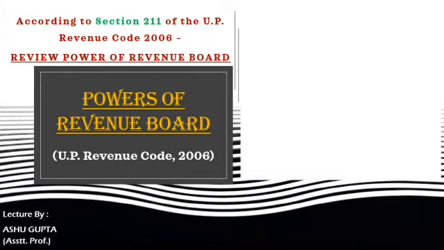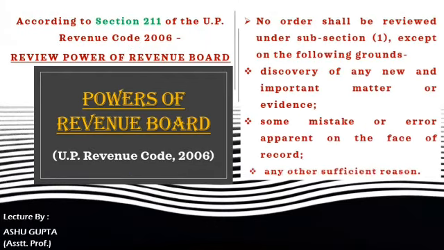Section 211 of the UP Revenue Code enumerates the review power of the Revenue Board. No order shall be reviewed under subsection 1 except on the following grounds: discovery of any new important matter or evidence, some mistake or error apparent on the face of the record, or any other sufficient reason.